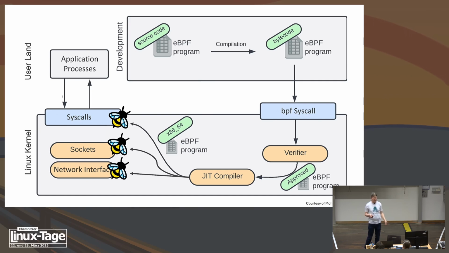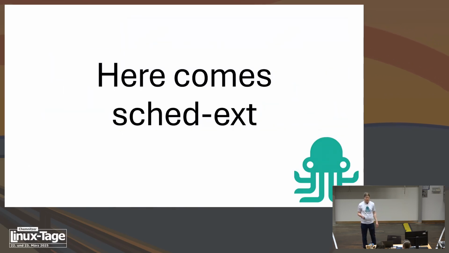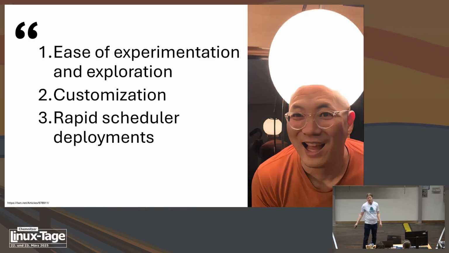But then people started to think about, hey, couldn't we do this with schedulers too? Couldn't we just say, okay, we now have the ability to extend our Linux kernel at runtime. Let's do this for schedulers too. So to quote Tejun Heo, who is one of the people maintaining the Linux kernel and who also proposed the first Linux patch for it, he wrote, one of the goals was the ease of experimentation and exploration.